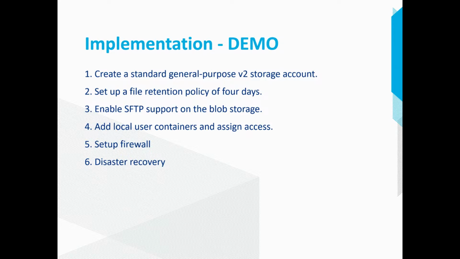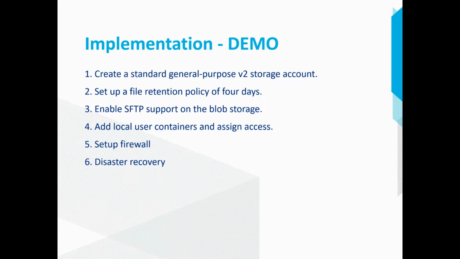So the steps that you go through, and I know this is a little bit out of order, I haven't given an introduction to what we're doing. The very first thing you need to do is create a general purpose V2 storage account.